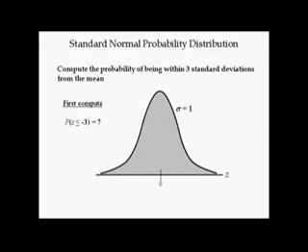Since z's mean is 0 and its standard deviation is equal to 1, negative 3 is 3 standard deviations below z's mean of 0. Because negative 3 is less than 0, we label it to the left of the distribution's center at 0. The red arrow represents the probability of being less than or equal to negative 3.